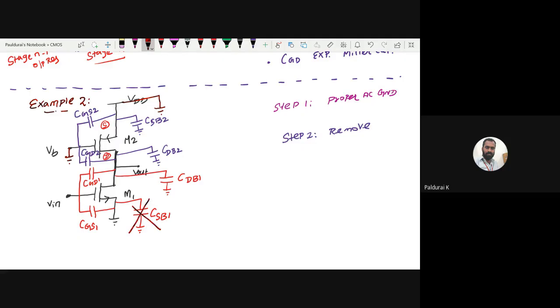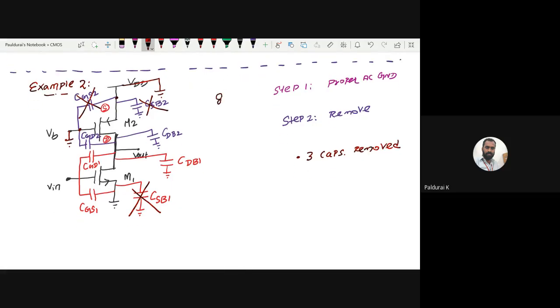Is there any other capacitors? What about CSB2? That is also ground to ground. What about GS2? Ground to ground. So CGS2. 3 capacitors removed. So how many capacitors remain? Totally 8. 8 minus 3, 5.